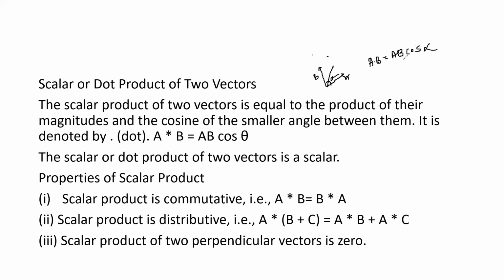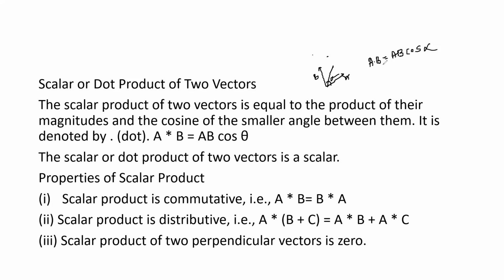So this is how we represent the scalar or dot product. That is, A dot B is equal to AB cos theta. Next, the scalar or dot product of two vectors is a scalar.